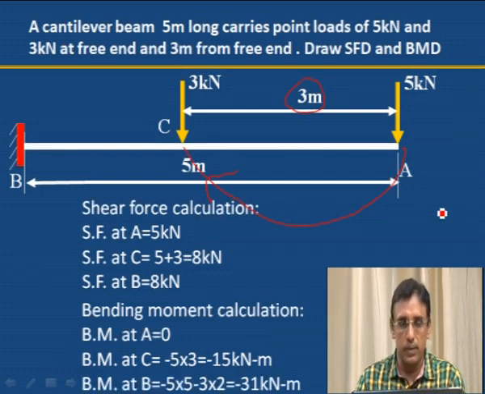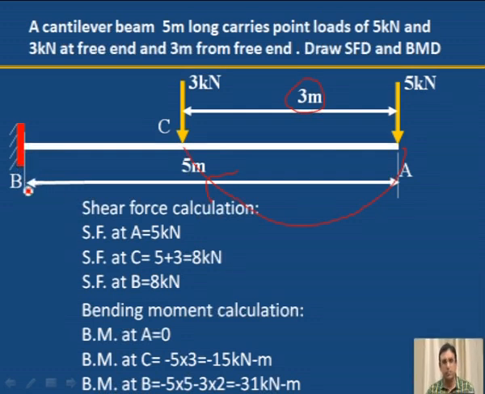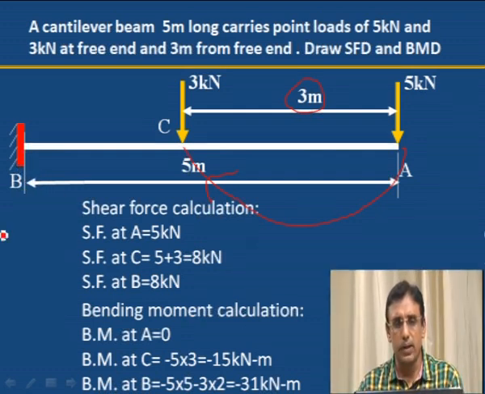Then bending moment at B. Calculating the bending moment at B, 5 kilonewton is acting here, 5 kilonewton into distance up to here, 5 into 5, that is 25. Another force is acting here, 3 kilonewton, into distance from this point to here.